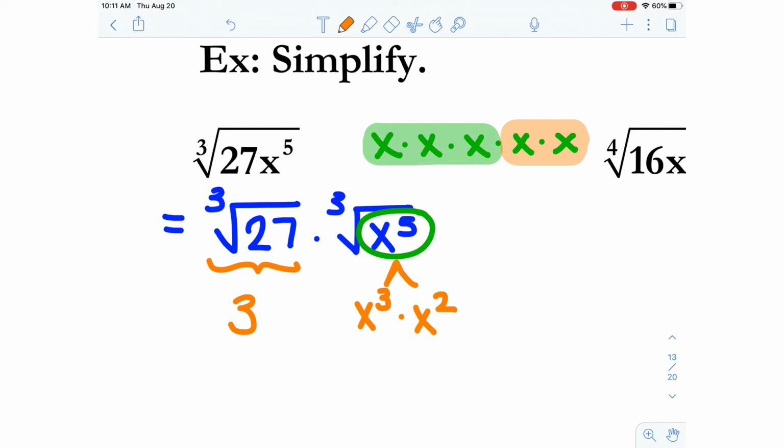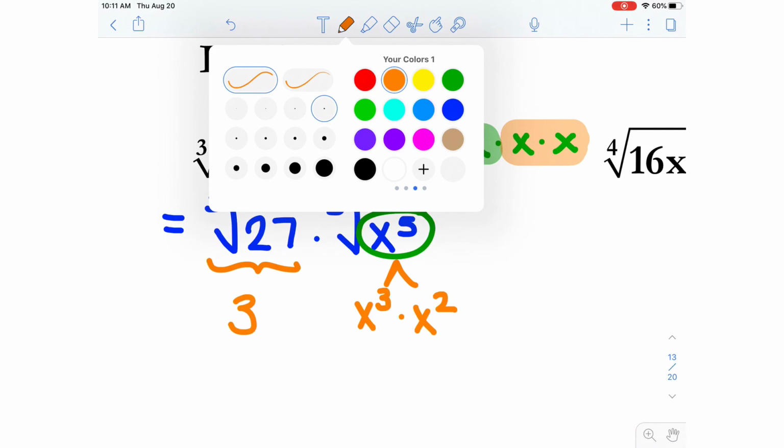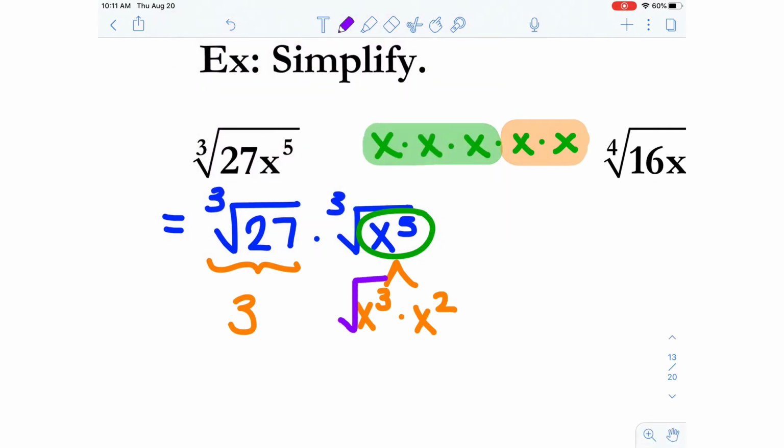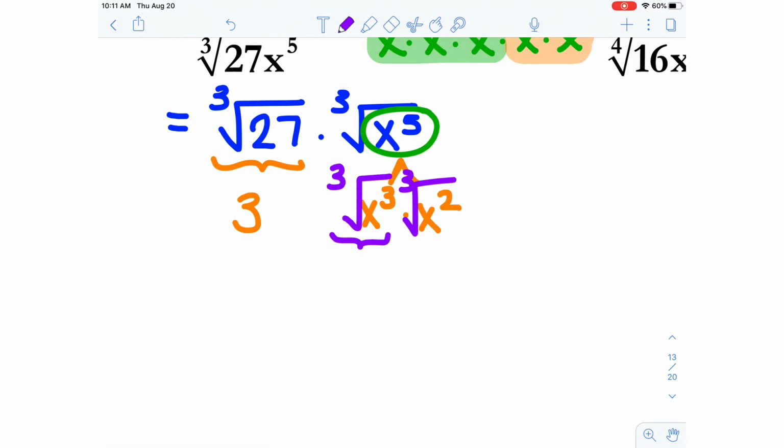Now, if I multiplied those back together, I would add my exponents and I would get back to x to the 5th. So at this point, I am actually going to cube root both of these. Okay? The cube root of x cubed, those cubes just cancel out. It's just x. I cannot simplify the cube root of x squared.